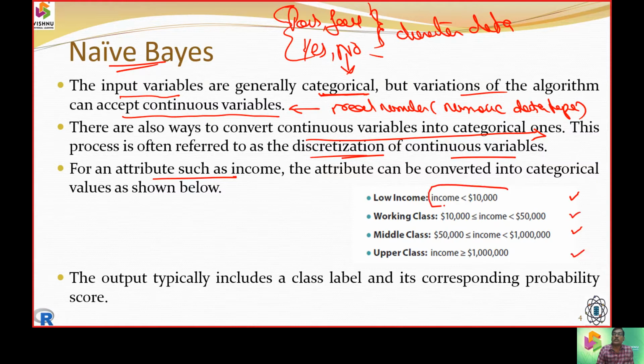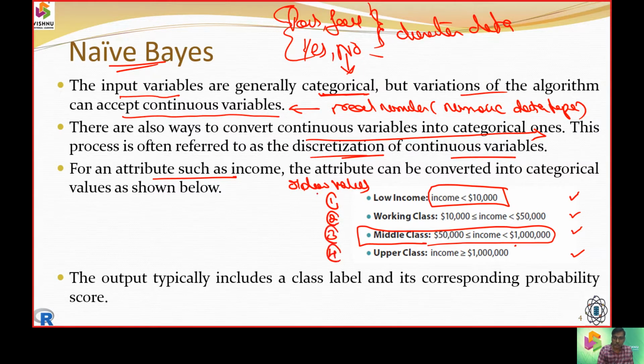Now I say if income is less than $10,000, then it is put into a division called low. If the income is between $50,000 and 1 lakh dollars, it is called middle class. Now we have ordinal values because they have an order: low, working, middle, upper.